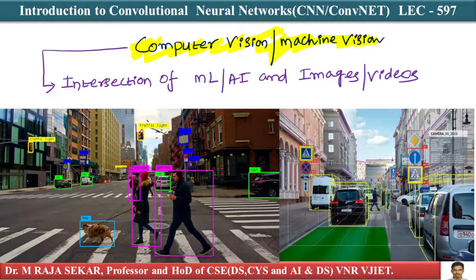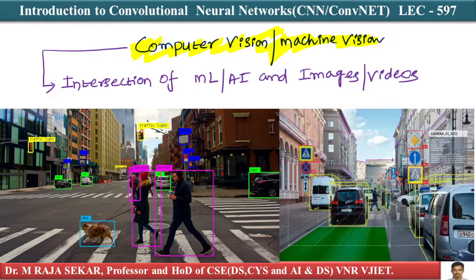One of the most challenging tasks in computer vision in the last 50 years, since the time we had reasonably powerful computers, is the task of object recognition. Today we have very good state-of-the-art object recognition systems.